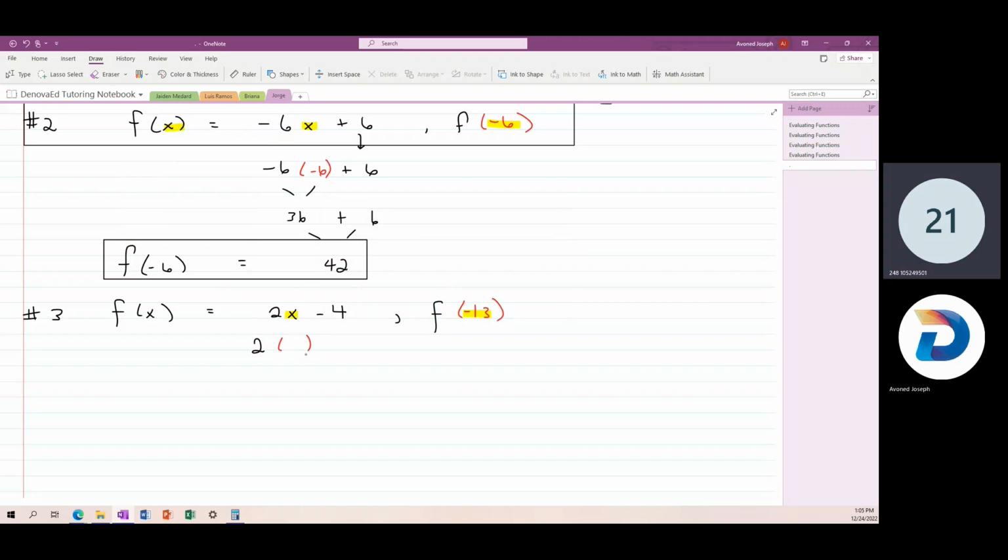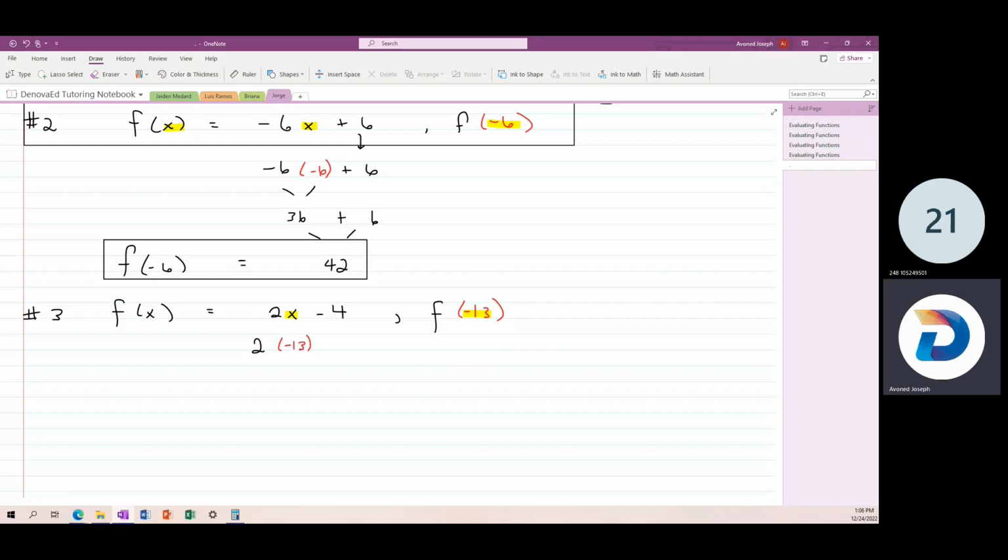What am I multiplying times 2? Negative 13. Yeah, negative 13. There you go. Minus what? 4. Yeah, there you go.